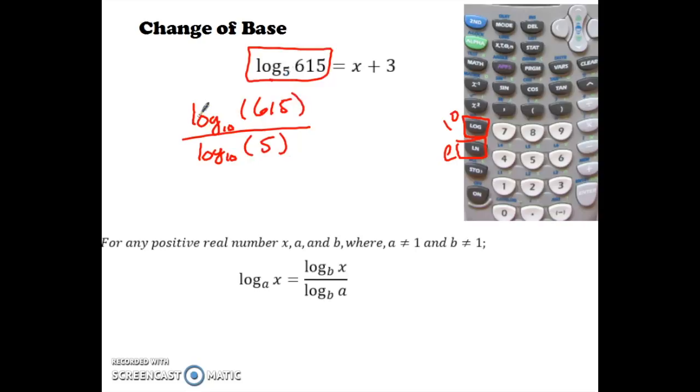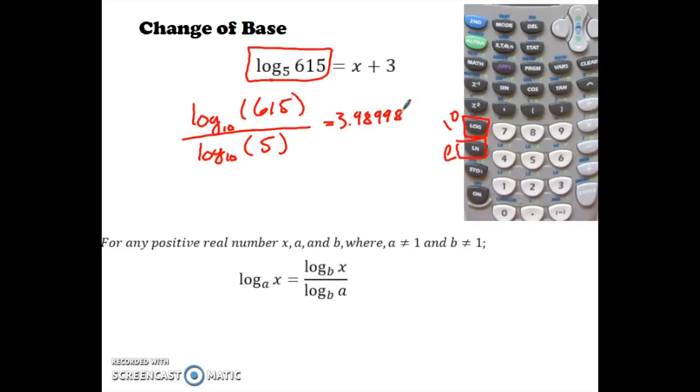If we type this into our TI-84, which is absent at the moment, let me grab one real quick. Log of 615 divided by the log of 5 is equal to 3.989998.